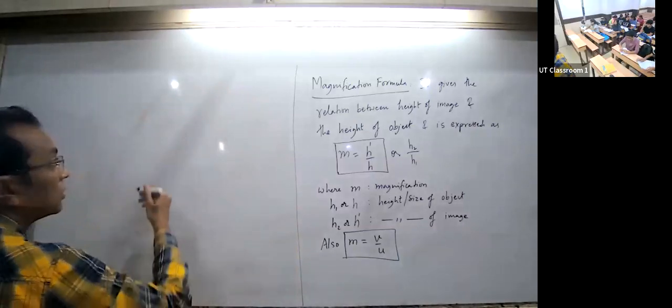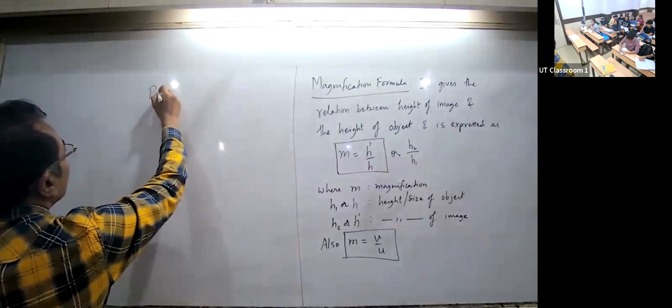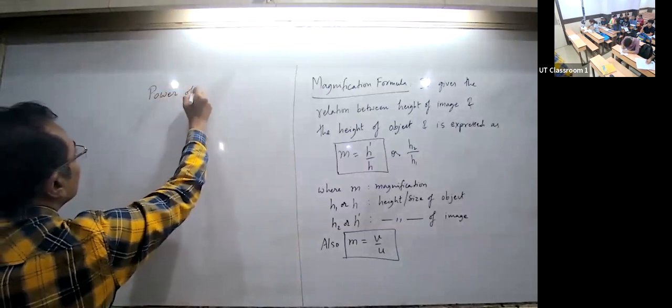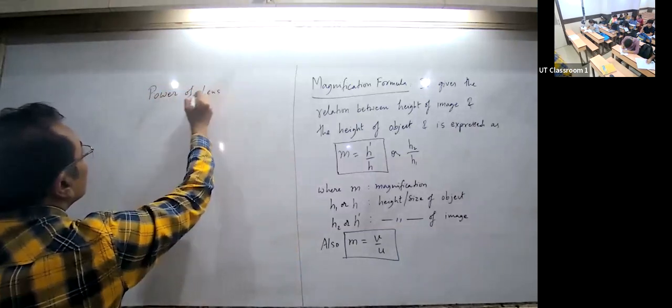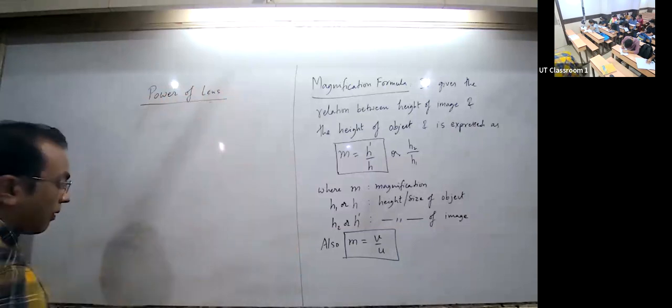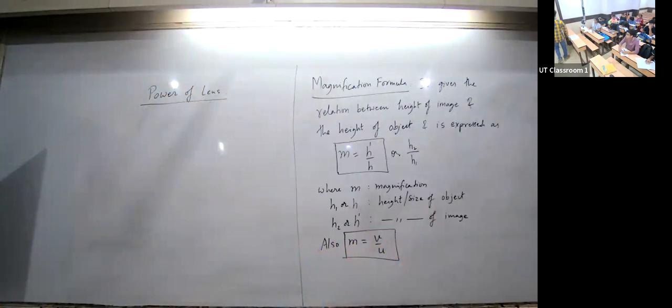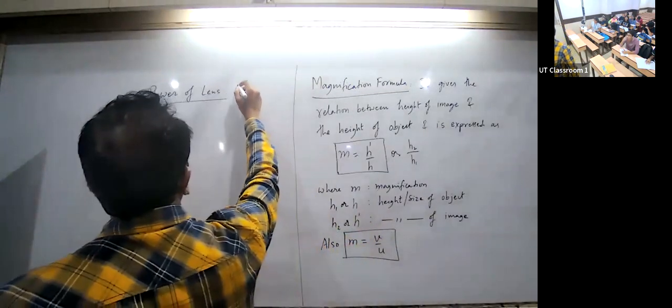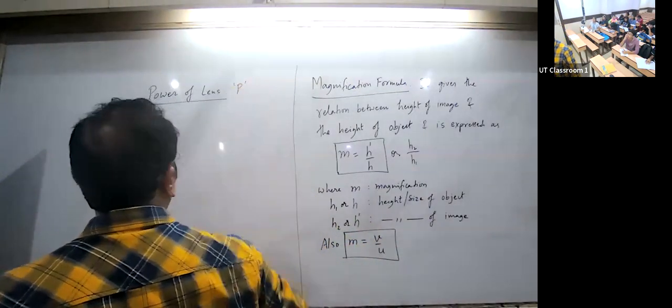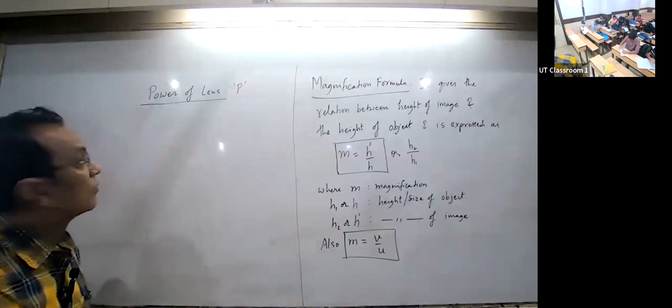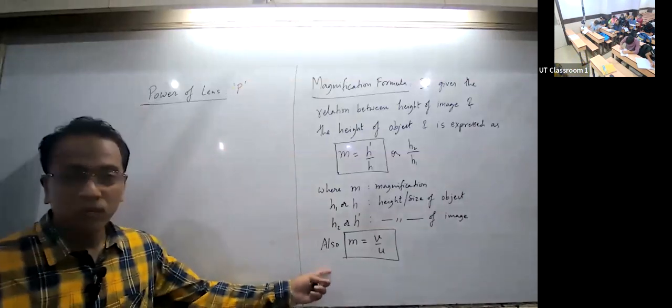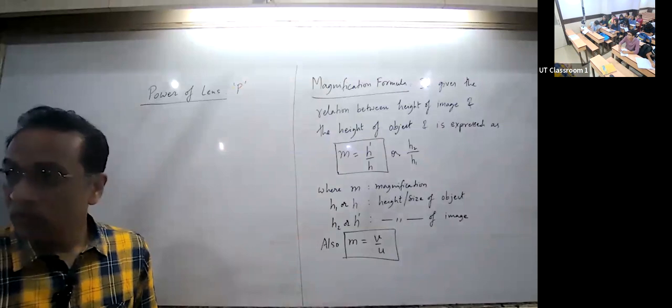Okay. Next is power of lens. Its symbol is P. Before power, do you remember what was the sign of magnification?